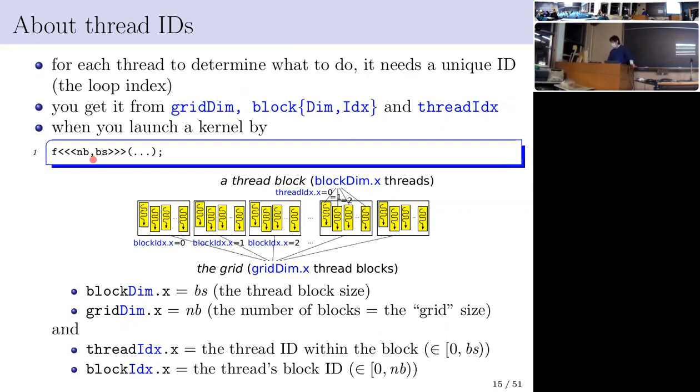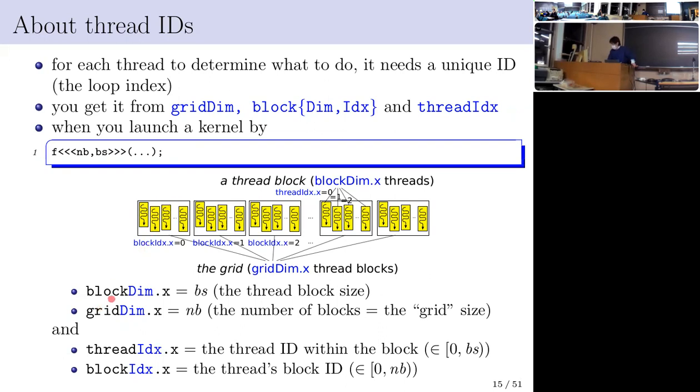Remember that when you launch a kernel, you say something like this, right? And like I said, you specify the number of thread blocks, the number of boxes in this particular figure, and the number of threads in each thread block, or in each box in this figure.